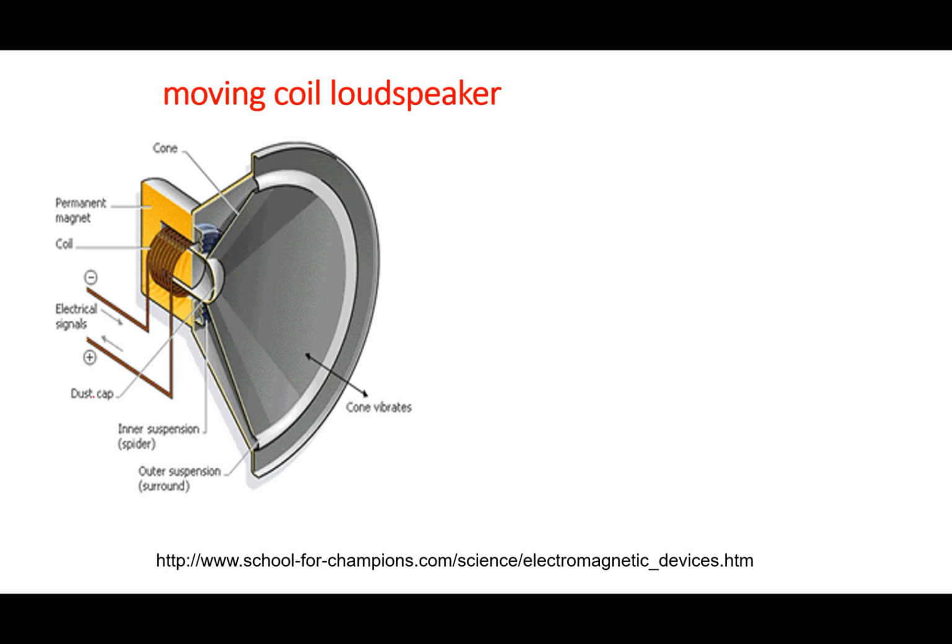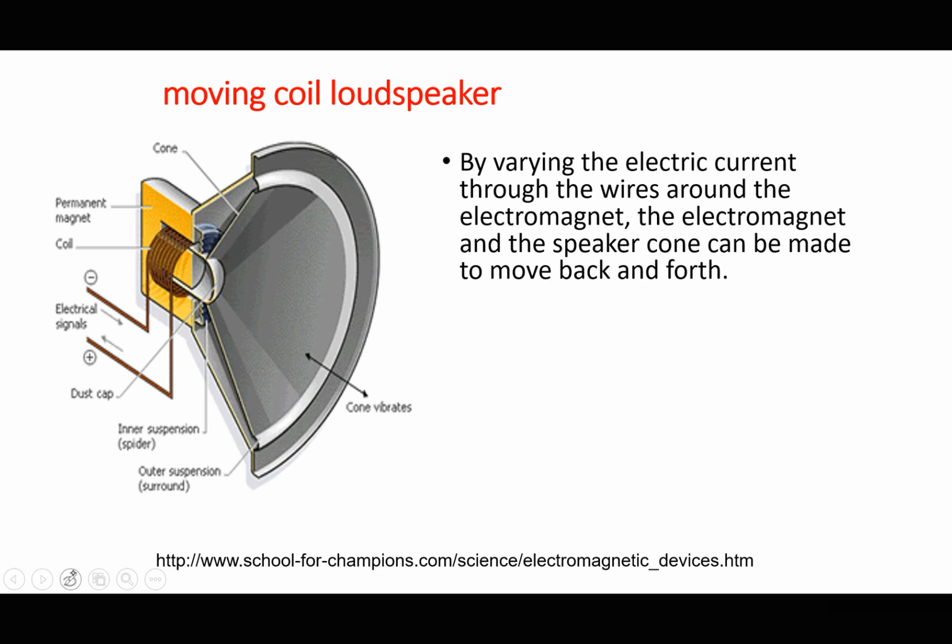Because it's an alternating current, it keeps changing direction. So the magnetic field also keeps changing direction, which makes the cone vibrate in and out depending on the direction of the magnetic field. So this is an example of forced oscillations.